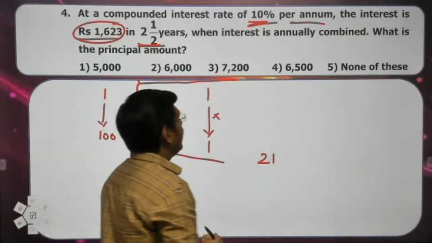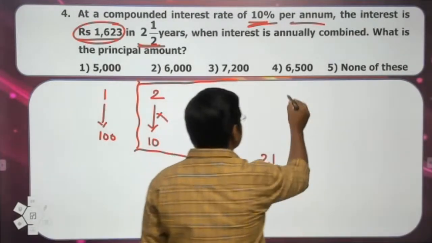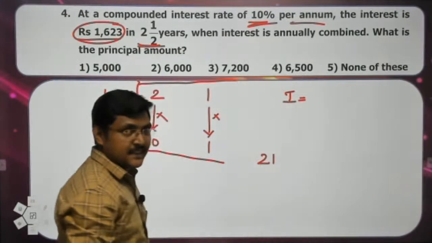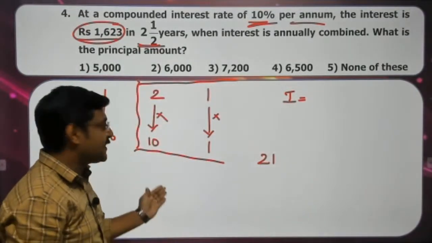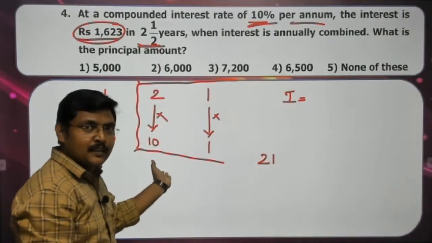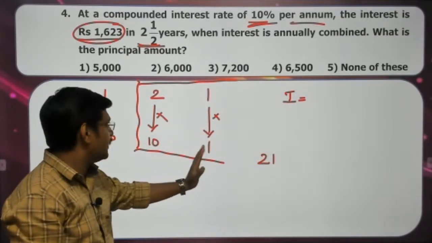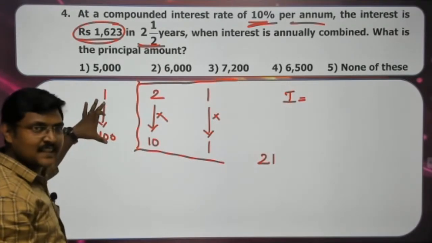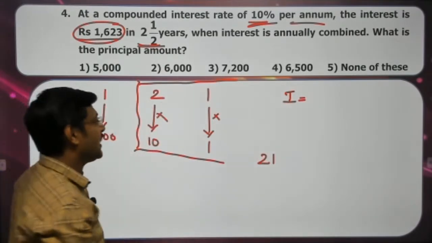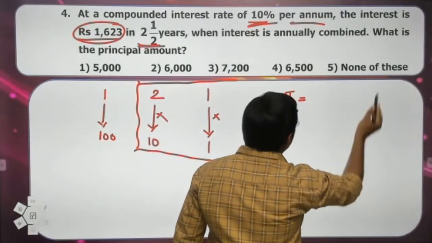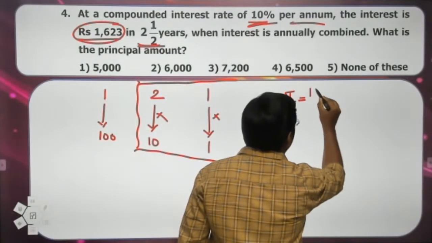Next, half year interest is to be calculated. So I is equal to, we know that, PNR by 100. Since it is compounding, we need to consider the principal according to the final amount after 2 years. So we know that the principal is 100 and the interest is 21. Then the principal after the second year is 121, right?